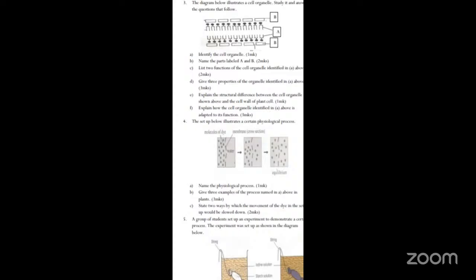Now, this is one. If they asked you to state the activities in animals that are similar to that process, or roles of diffusion in animals, which ones will you have given? If they replace plants with animals. Excretion. Excretion, very good. Another one. Gaseous exchange in respiratory surfaces.